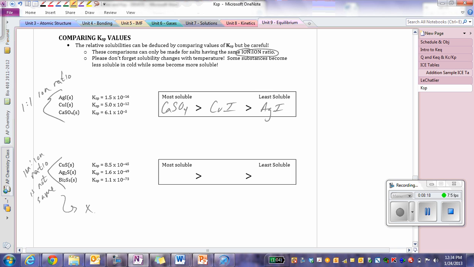The smaller the X, the less soluble. One of the easier ways to do that is to see that this bottom one breaks up into 5 ions, so it'll turn out to be more soluble than the other one.